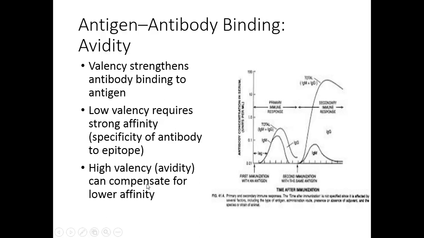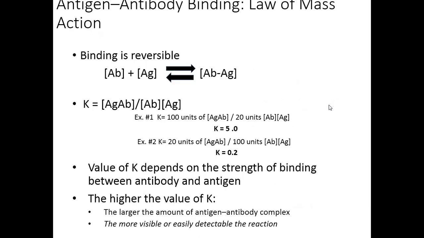Brute force is going to help us keep those antigens and antibodies bound together. And then, of course, in the secondary immune response, it's primarily IgG because by then we have super specific antibodies being created.